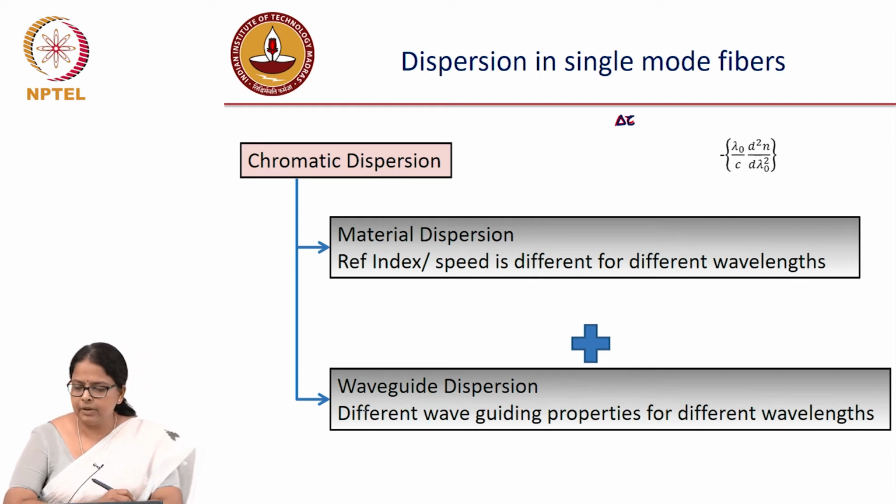But last time we also said that this delta tau is usually represented in units of picoseconds per kilometer nanometer.